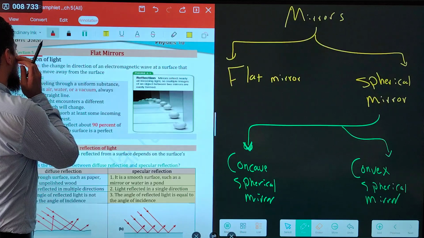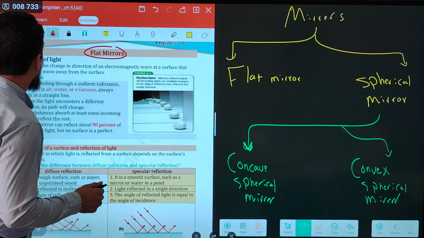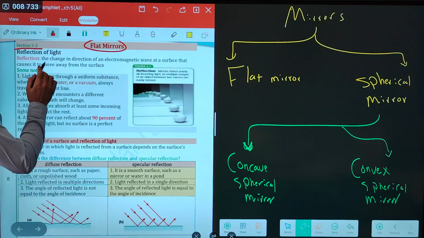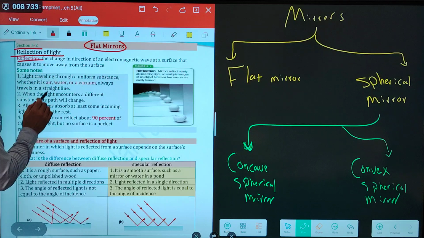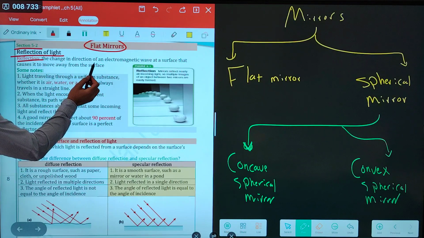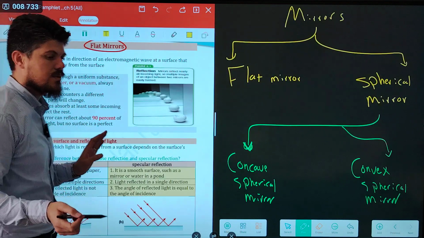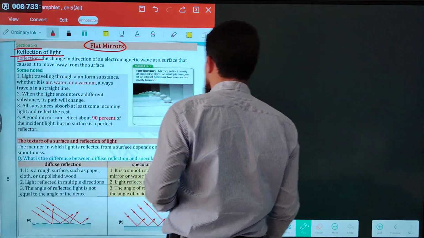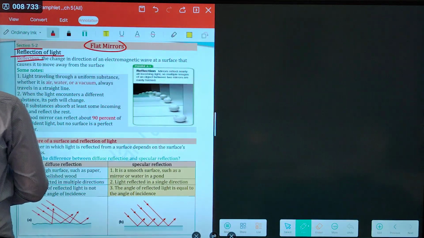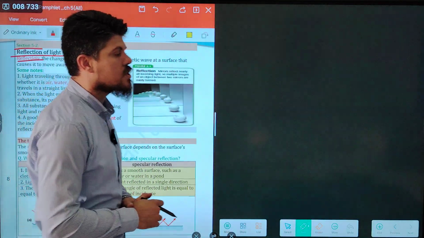A flat mirror, the reflection of light. Before talking about the flat mirror, let's talk about the reflection of light. What is reflection? The change in direction of an electromagnetic wave, such as a light wave.